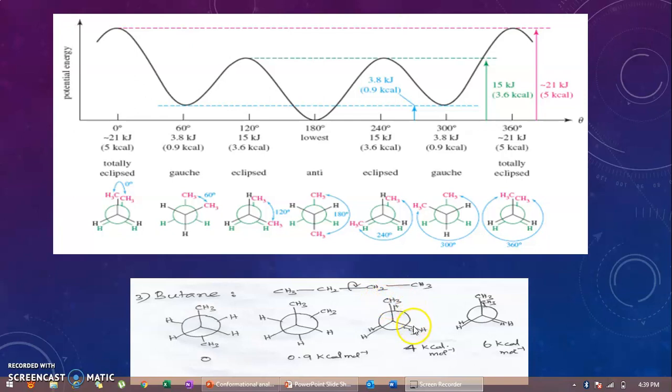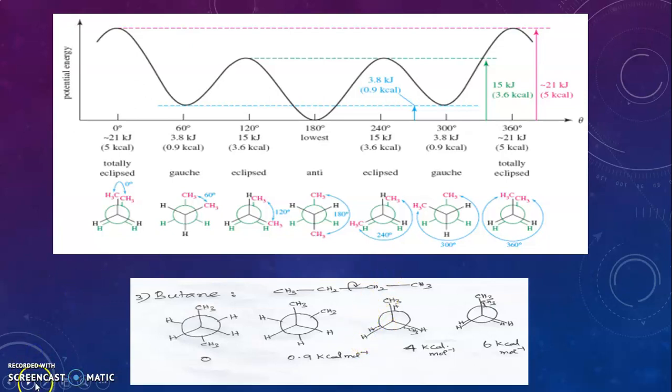So 1.5 plus 1.5 is 3, and the eclipse strain between two hydrogens is 1 kilocalorie per mole roughly. So the total energy is 4 kilocalorie per mole for the partially eclipsed conformation.